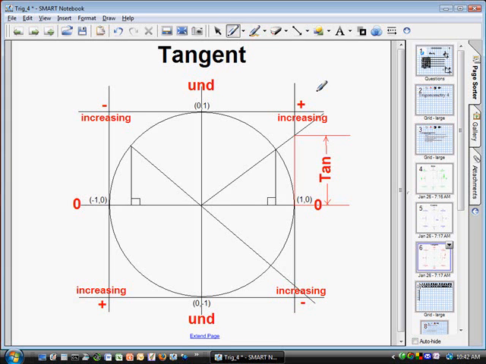Okay. So suddenly we're in deep trouble at 90 degrees. Now let me explain how this visualization works. What happens when you get into the second quadrant? Well, my tangent line's over there. How in the world am I going to meet it? And the answer is we take this hypotenuse and we back it up until it meets the tangent line.